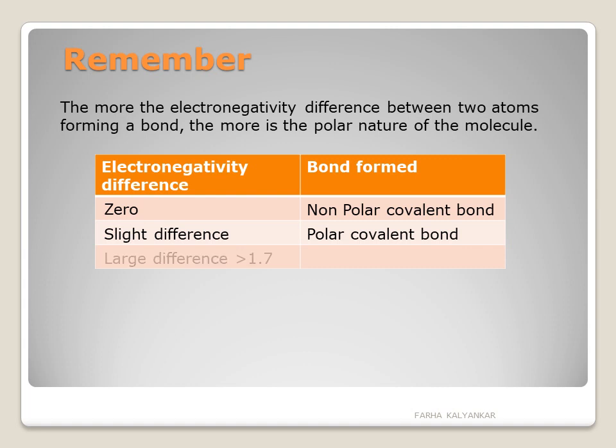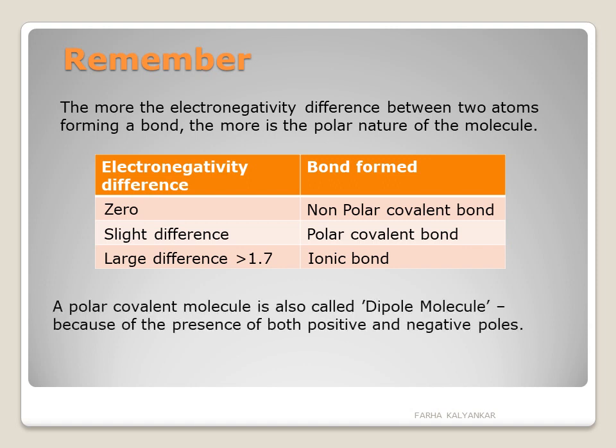When there is a large difference, that is approximately more than 1.7, in the electronegativity of the two combining atoms, then the bond formed is an ionic bond. A polar covalent molecule is also called a dipole molecule because of the presence of both positive and negative poles.